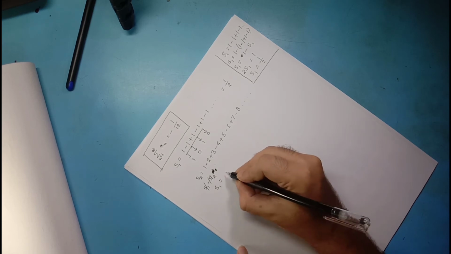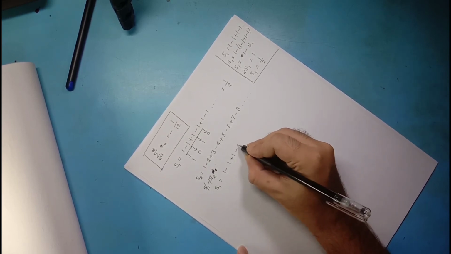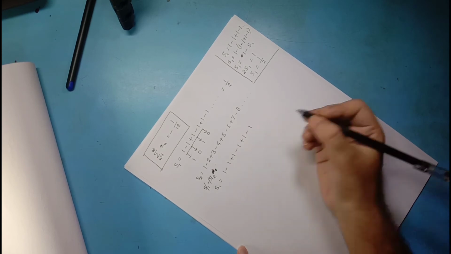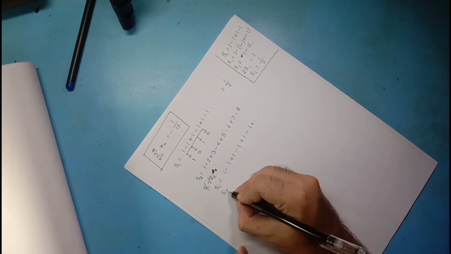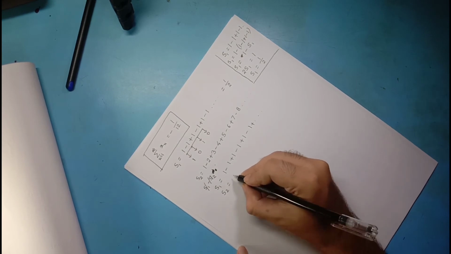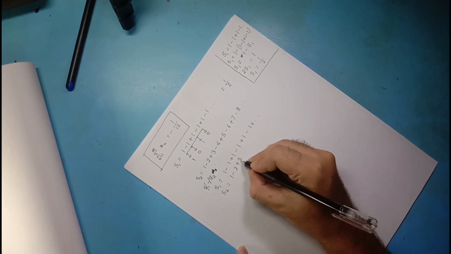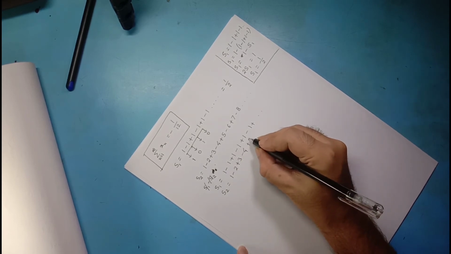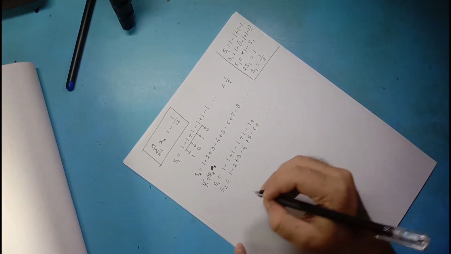And S1 equals 1 minus 1 plus 1 minus 1 plus 1 minus 1 and so on. So S2 is 1 minus 2 plus 3 minus 4 plus 5 minus 6 plus dot dot dot to infinity.